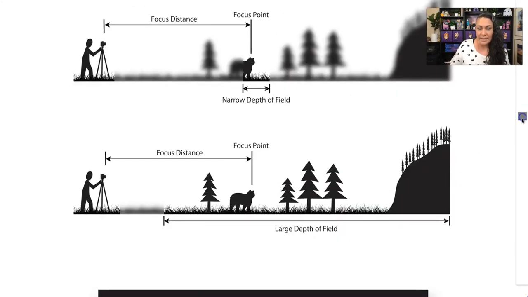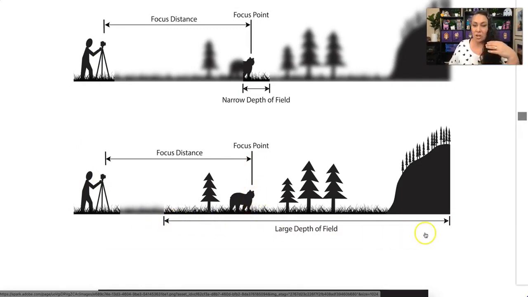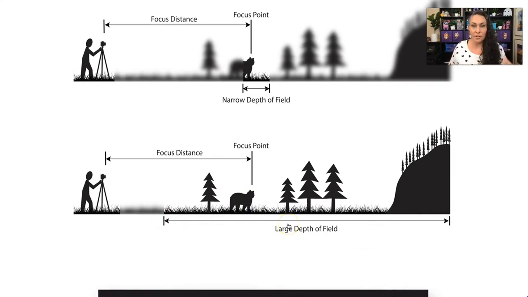In the bottom example, we have the photographer in the same place. The focus distance and focus point are the same, but we have a large depth of field. We have a larger area that can be in focus in the photo. In the top case, this animal looks like maybe a bear.